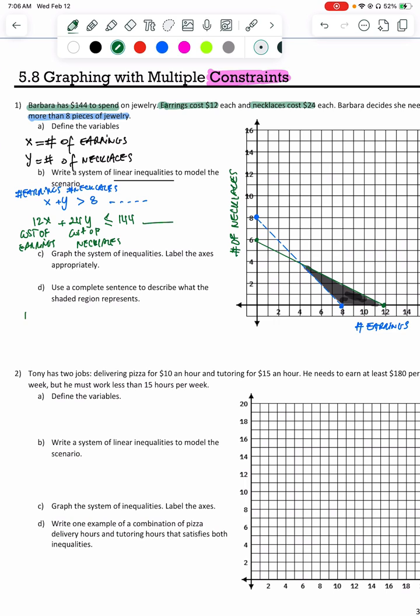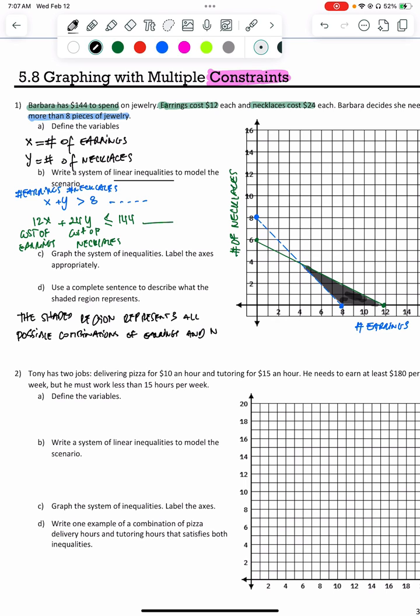You're going to say the shaded region represents all possible solutions, which are basically all possible combinations of earrings and necklaces.